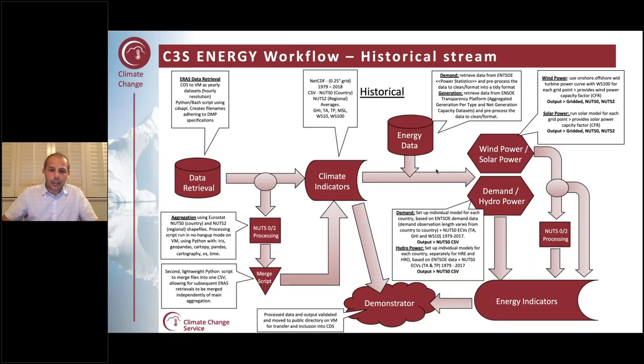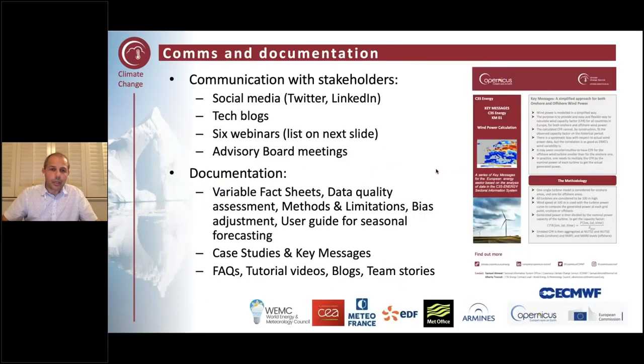But this is done automatically, following a quite rigid schematic and a set of scripts that we have. On top of that, we also have quite a bit of communication and documentation. We've done tech blogs and run webinars to explain how we build this system. Some of you might have already followed them.